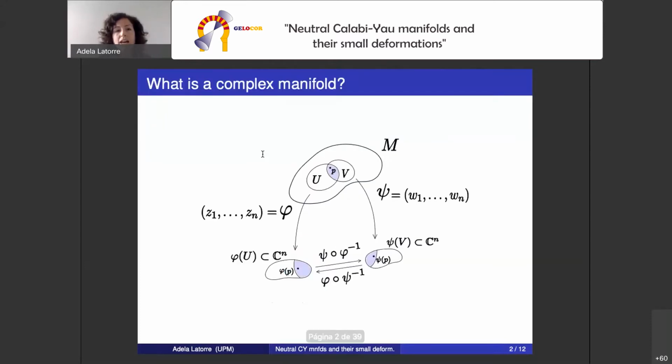So the way we define a complex manifold is just similar to the one of a differentiable manifold, but as you can guess, we need that the charts go to C^n instead of R^n, and we also need that the change of chart is holomorphic instead of differentiable.